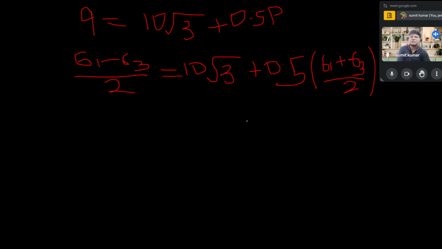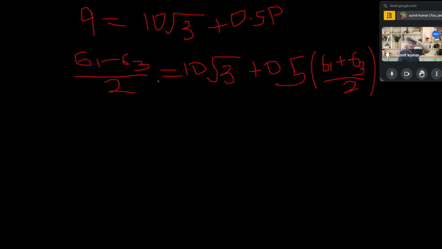Right. So when you solve it, this is sigma 1 minus sigma 3 by 2 and this is sigma 1 plus sigma 3 by 2.